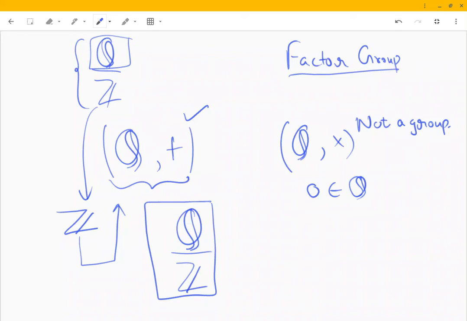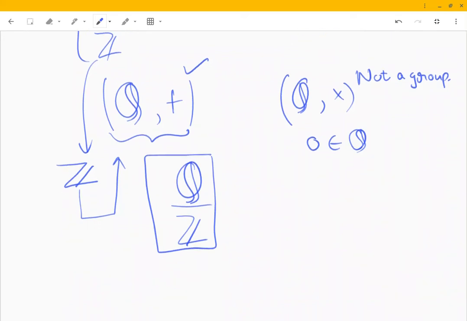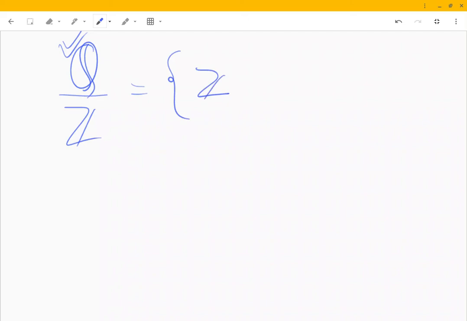So Q over Z. Now, what are the elements of Q over Z? I have discussed this earlier as well, that this group looks nothing like the original group, the group of rationals. The identity element of this group is the subgroup Z itself. And then, what are the other elements?